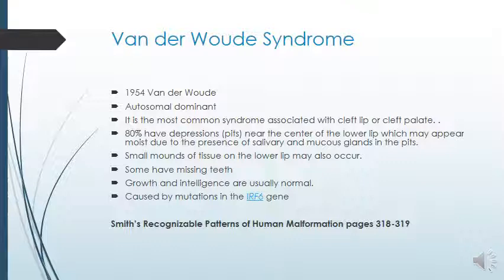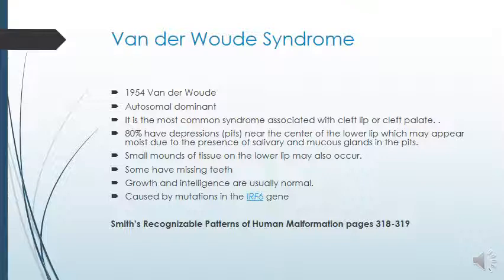And these pits may appear moist due to the presence of salivary and mucus glands in the pits. There are also small mounds of tissue on the lower lip that can occur, and some have missing teeth. Growth and intelligence are usually normal.